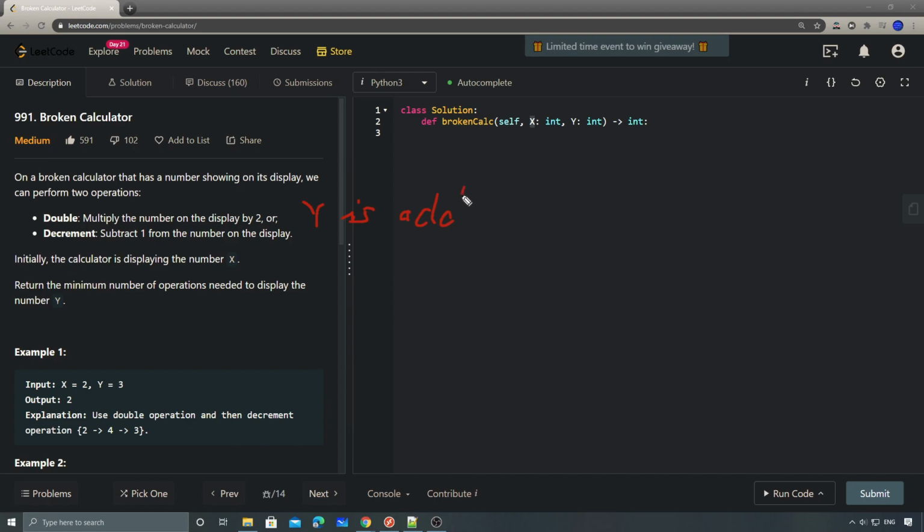There's no way you can get to an odd number by doubling the previous number. That's why when y is odd, the previous step has to be x and y plus 1, so that we can use the decrease to change.